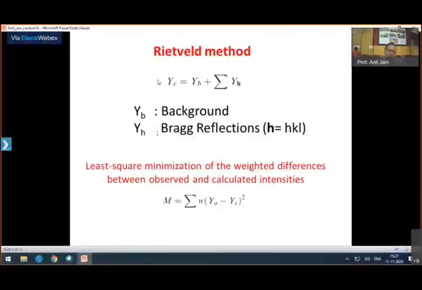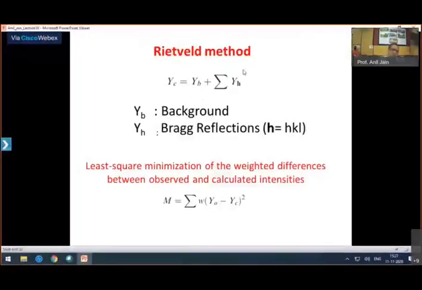So we try to calculate this YC at each step of the full pattern. Here YB is the background at each point, and YH is the contribution from the back reflection which is coming at that point.